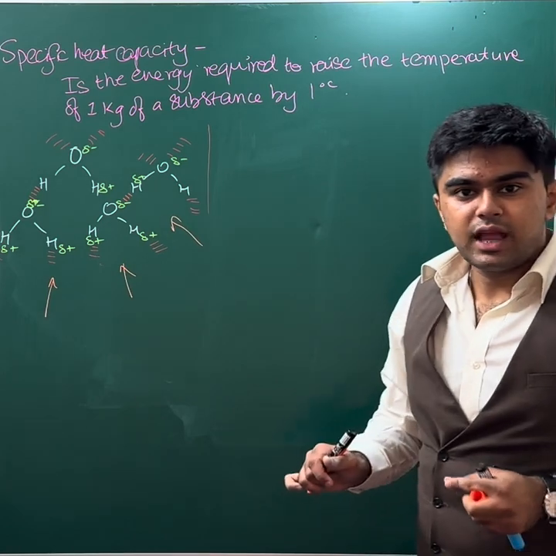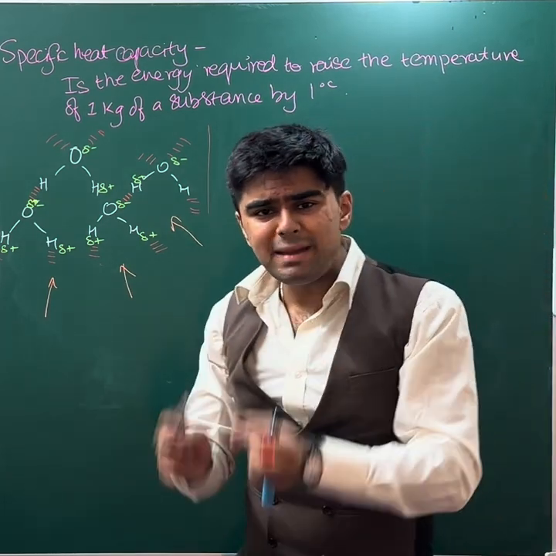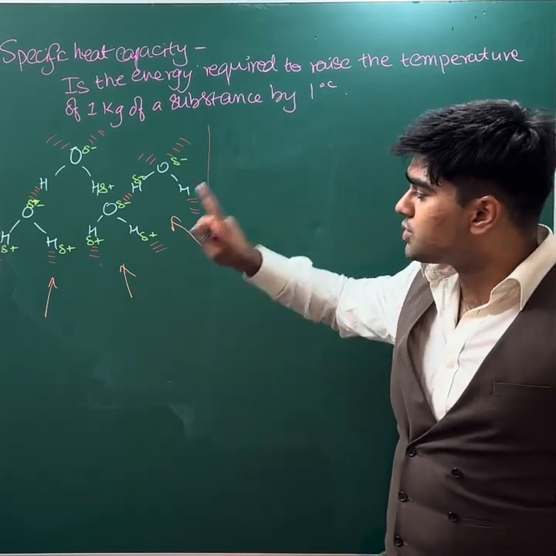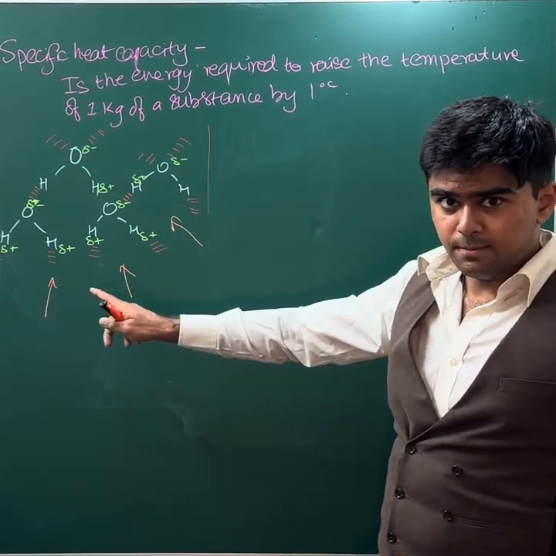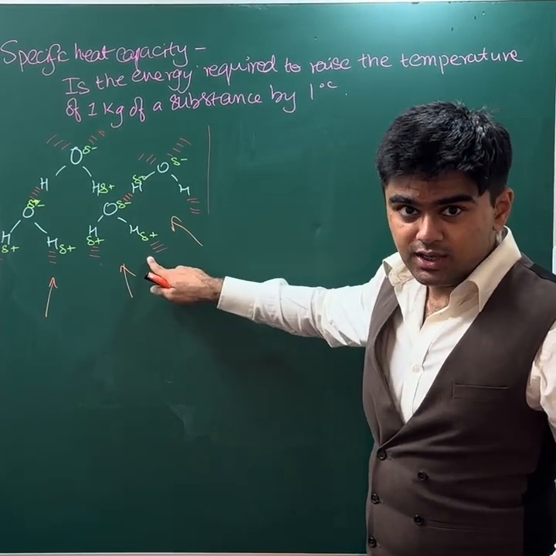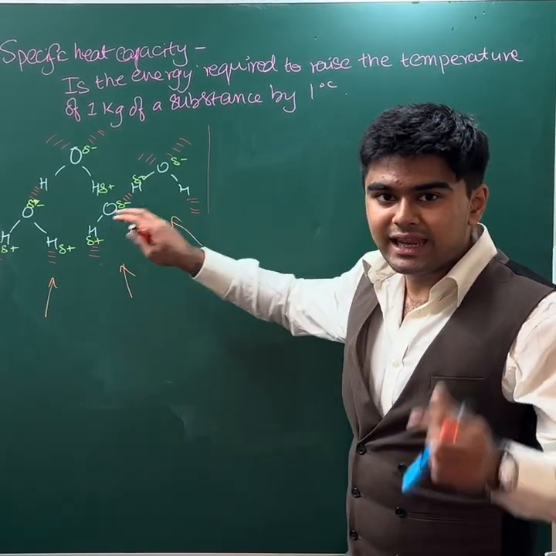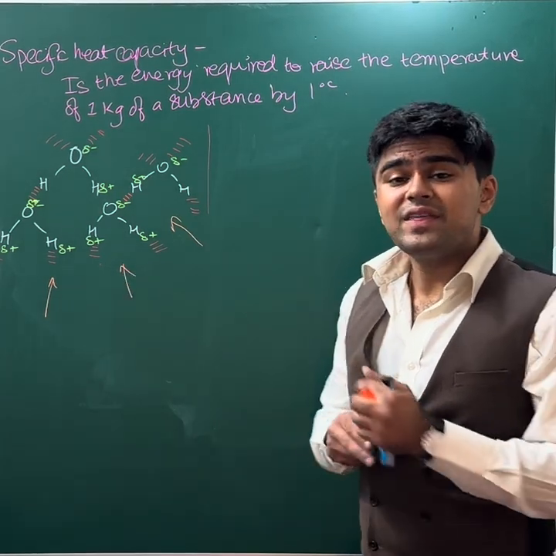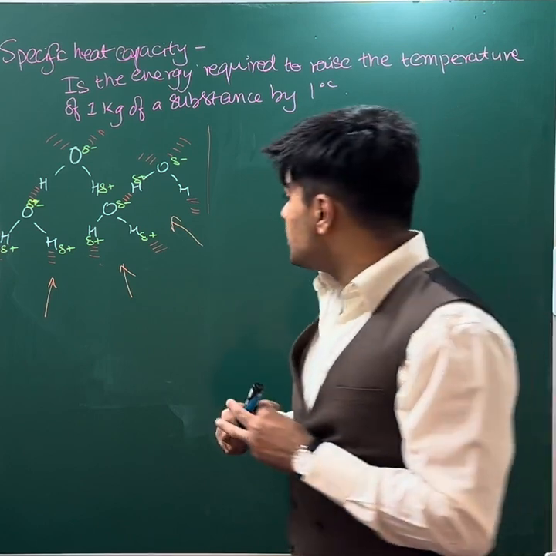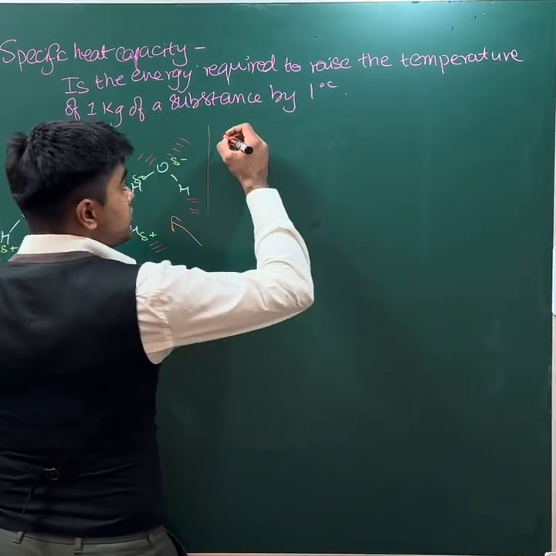And because, as we learned before, there are so many hydrogen bonds, that means we have to provide a lot of energy. We have to provide a lot of energy before the energy is being provided to the kinetic energy, which means that the energy from heat, the thermal energy, is being transferred to two recipients.